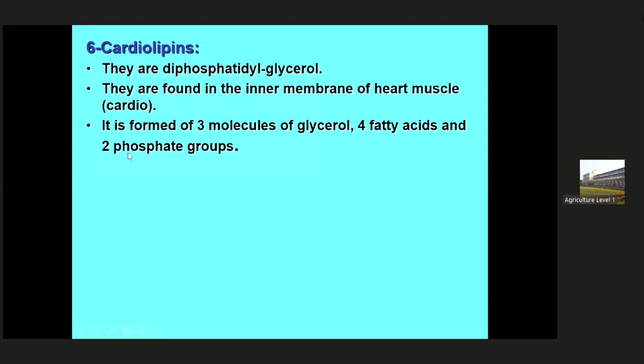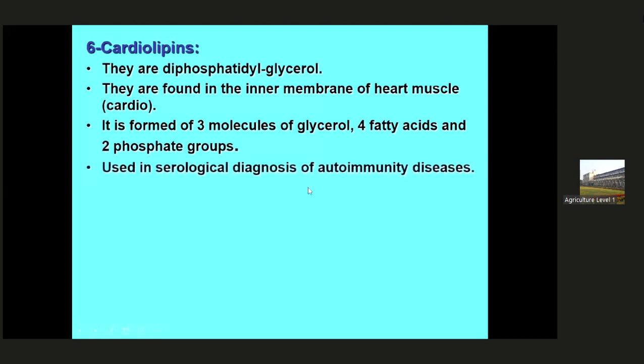These 2 phosphatidic acids will link with another molecule of glycerol. So it contains 3 molecules of glycerol. And 4 fatty acids will be present, not only at carbon number 1, maybe 1 and 2. So we'll observe the structure also.